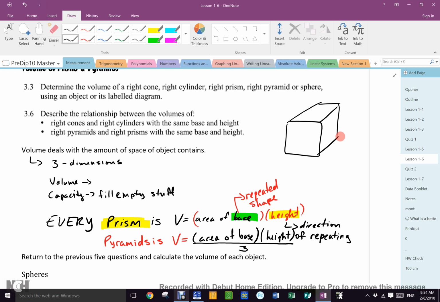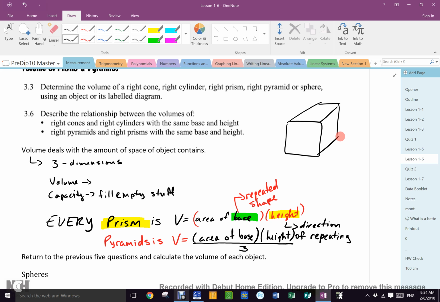Does order affect the multiplying? No, because 5 times 2 is 10. 2 times 5 is 10. So that will always work. So that allows us to actually write another formula, if you want, for rectangular prisms. Length times width times height. If you want. Everybody with me? Easy peasy lemon squeezy, yeah?